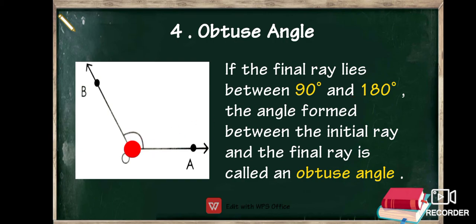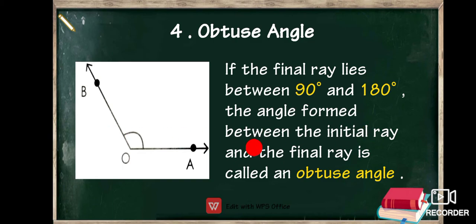This one is the initial ray and the B one is the final ray. Acute angle first was like this, then we saw the right angle, it was straight, and the obtuse angle keeps moving on. So the obtuse angle measures between 90 degree and 180 degree, that is more than 90 degree. That is known as an obtuse angle.